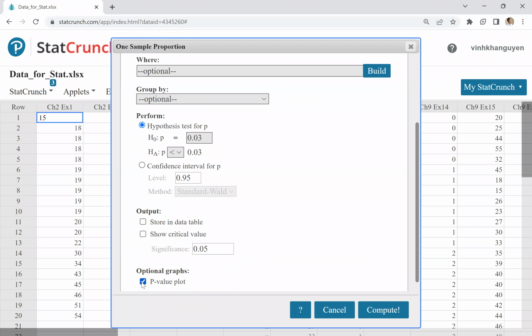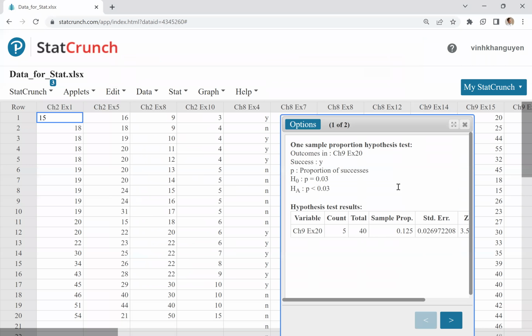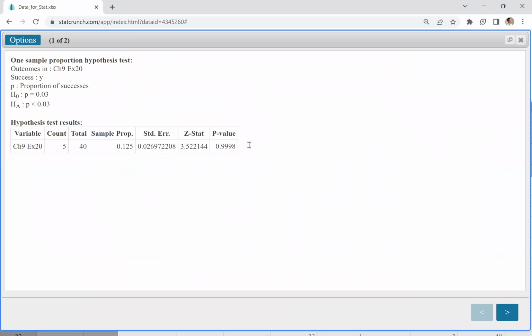Get a p-value plot here. Hit Compute. And look at this one. The p-value is 0.9998, which is more than 5%. So we fail to reject the null hypothesis, and the conclusion is that there is not sufficient evidence to support the alternative hypothesis, which is the claim.